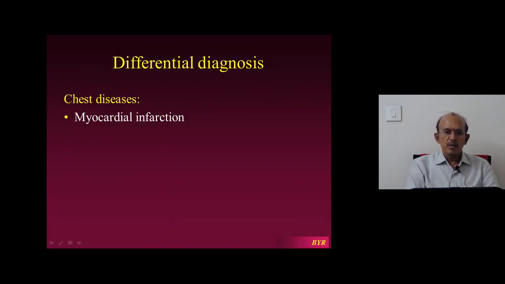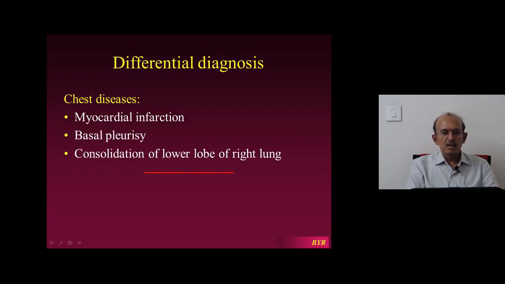Of course, I have mentioned only a few. Chest diseases, myocardial infarction, basal pleurisy, consolidation of the lower lobe of the lung also have to be considered. In myocardial infarction, the patient gets severe pain in the chest or lower chest, and he may faint. Similarly, a patient with perforated peptic ulcer may get severe pain in the upper abdomen and he may faint.